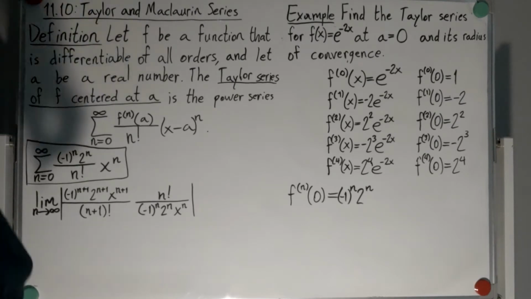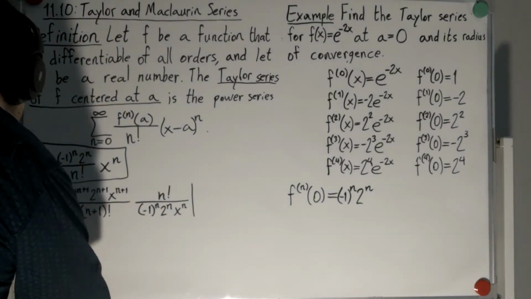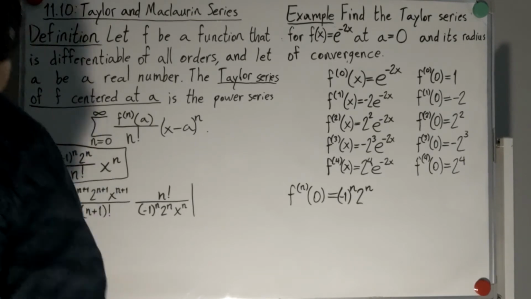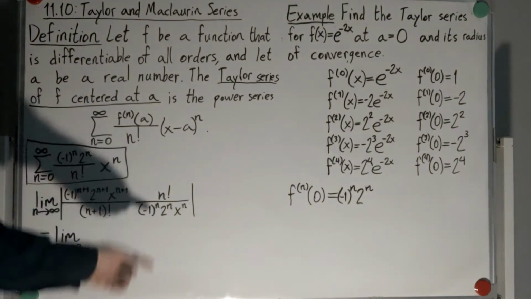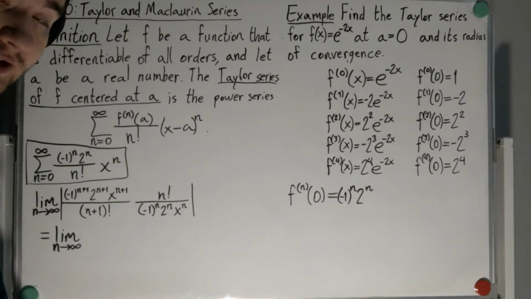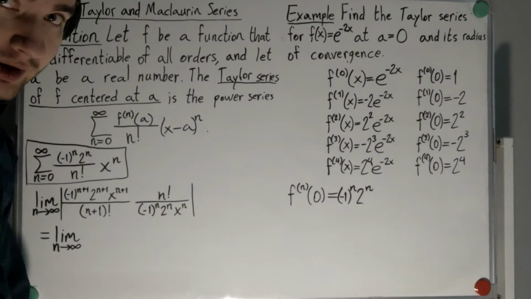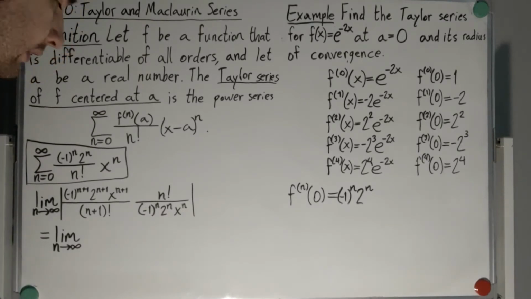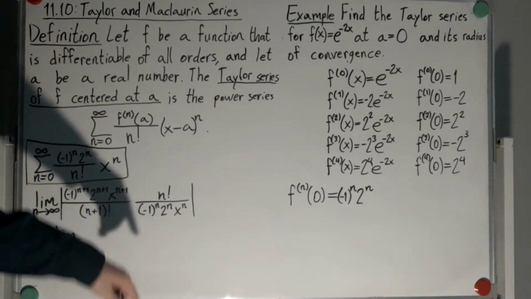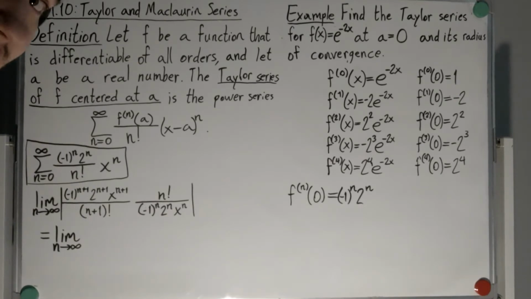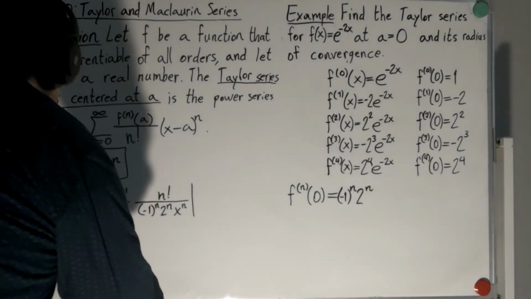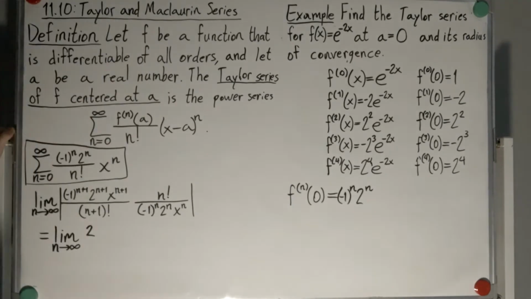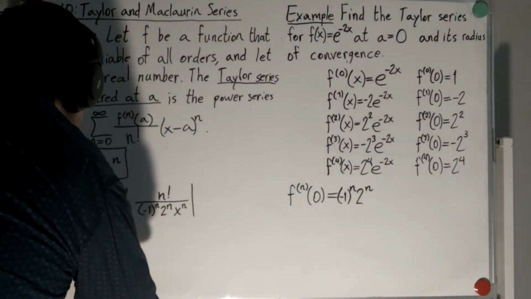So this becomes the limit as n approaches infinity of, let's see, (-1)^(n+1) divided by (-1)^n is just negative 1. We're taking the absolute value, so it's not really going to matter whether we have negative 1 or not. 2^(n+1) divided by 2^n is just 2, so there's going to be a 2 on top. x^(n+1) divided by x^n is just x.